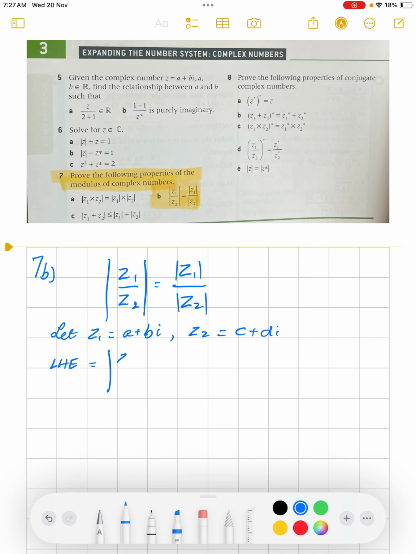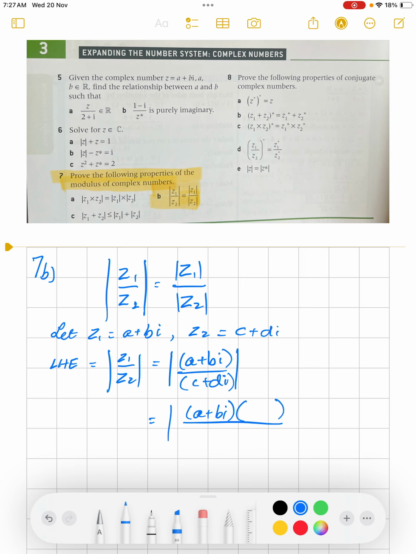So the modulus of Z1 over Z2 becomes the modulus of A plus BI over C plus DI. Now I'm going to rationalize the denominator. So we do that by multiplying A plus BI by the conjugate of the denominator.